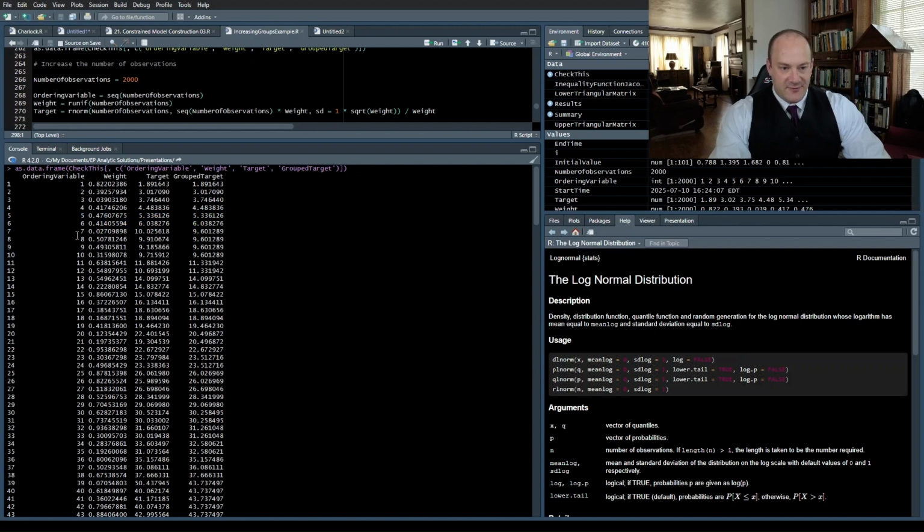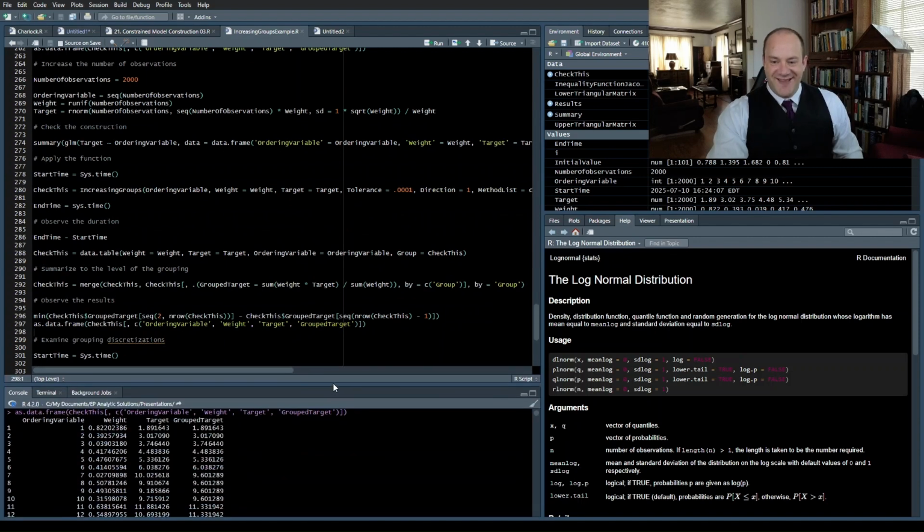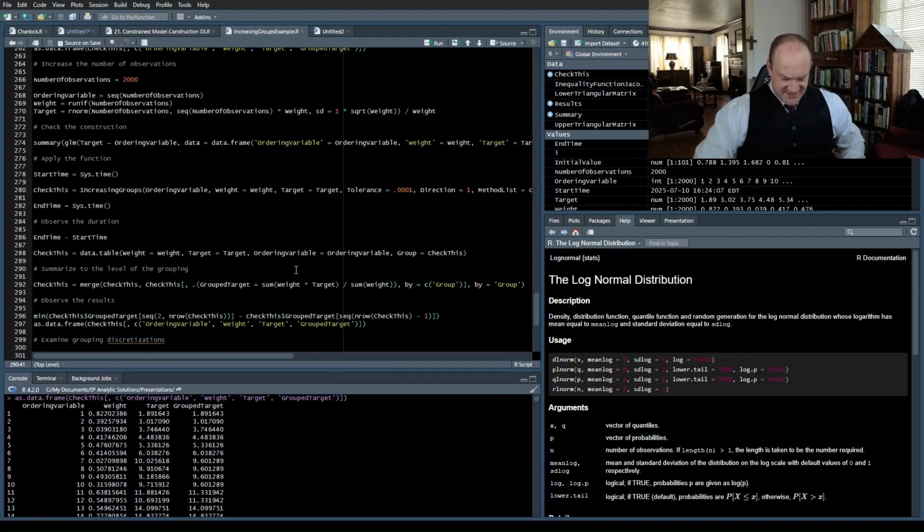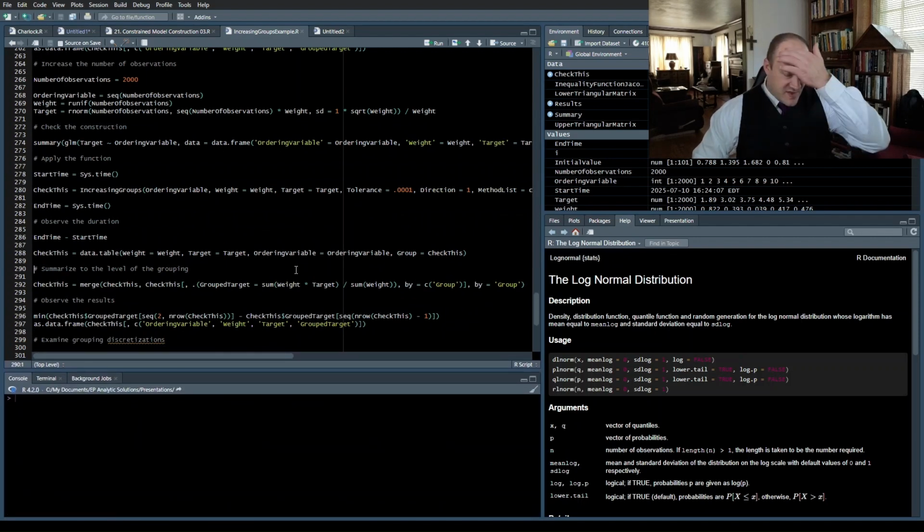These all got grouped together, these here got grouped together, those are different. These got grouped together there, and there, and there. So we were able to do 2,000 observations in 17 seconds. Now, so all well and good.